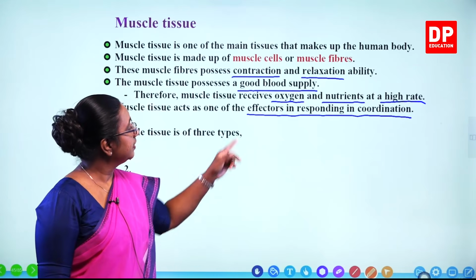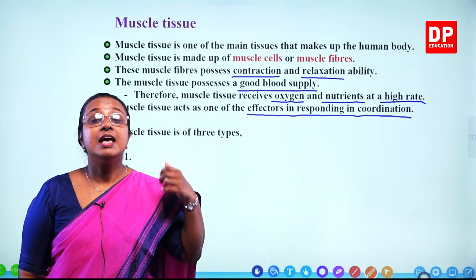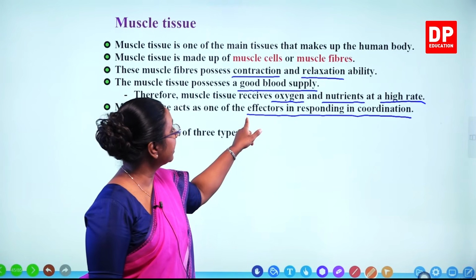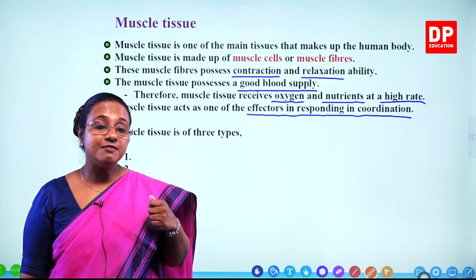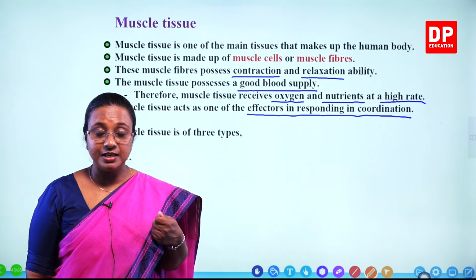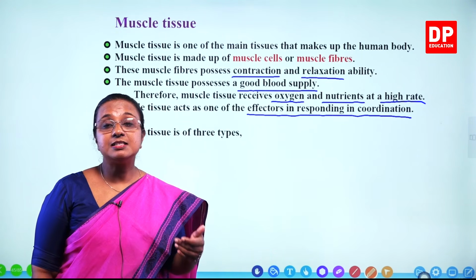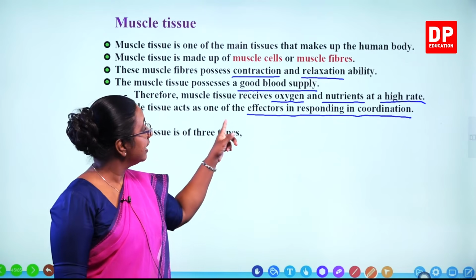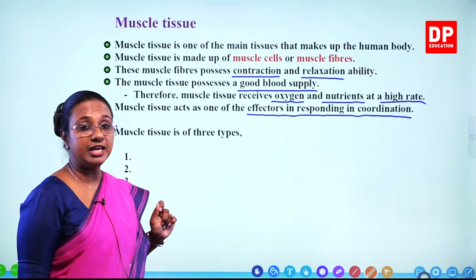But here, in this example, to move the hand away, the muscle tissues act as one of the effectors. Drawing the hand away is the effect shown to the stimuli. So, the response given to the stimuli is shown by muscle tissue. So, they are effectors in responding in coordination.